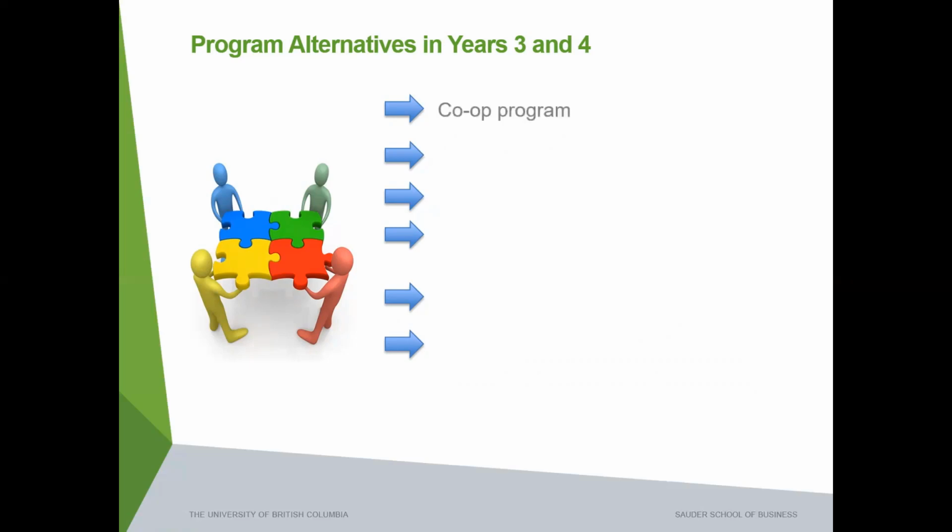The first one is going to be co-op. That is something that you should be considering at the start of year 3, because that's the time you would apply for that program. You might want to think about completing a double option, and I'll talk a little bit about that in a bit. There's also, I talked about the international business option or the concentration.